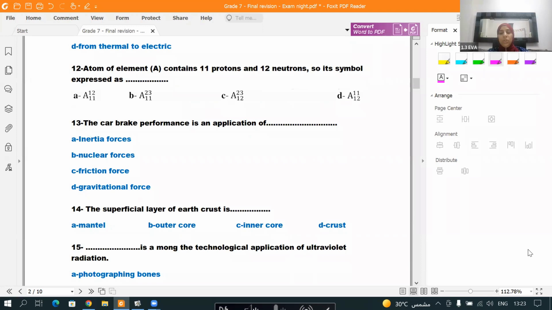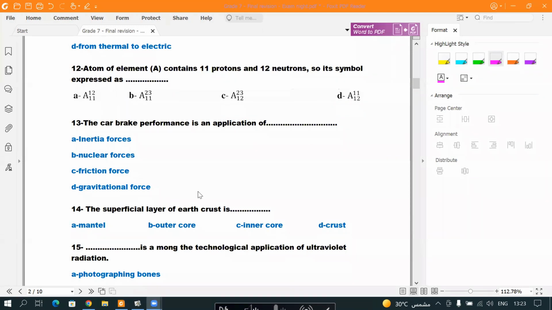Asam, number 12. I can answer number 15. Okay, Shafi, answer number 12. Me? Okay, answer number 12, Shafi. Atom of element A contains 11 protons and 12 neutrons. So its symbol is expressed as... C?